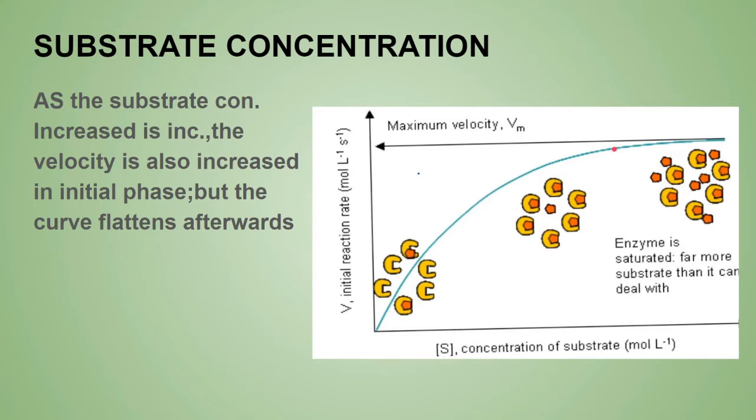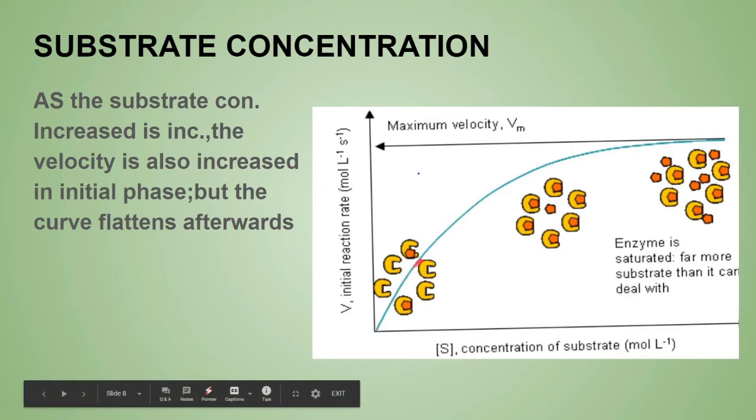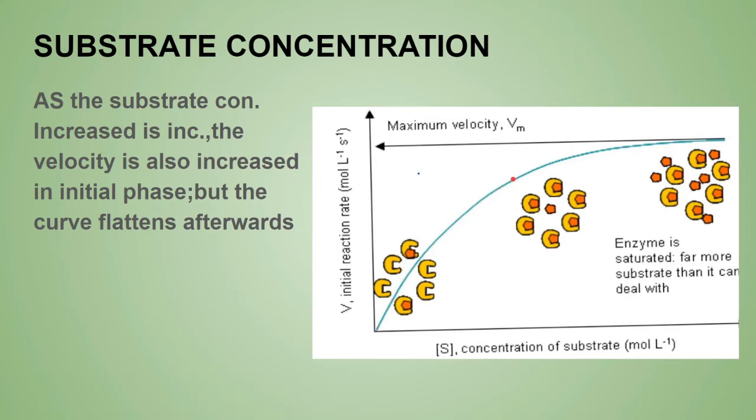After that, a plateau will occur because the enzymes are almost finished and have formed their enzyme-substrate complexes, so no further enzymes are left to bind with the substrate. That's why this graph increases in the beginning and then reaches a stage where it flattens, because there is no more enzyme to bind with the substrate. So this is the substrate concentration effect.